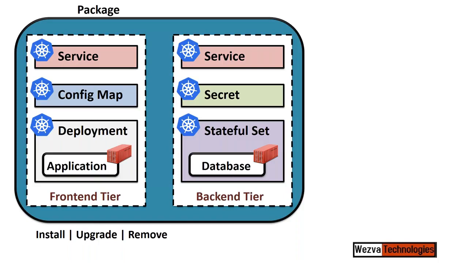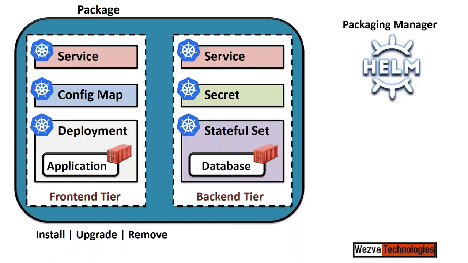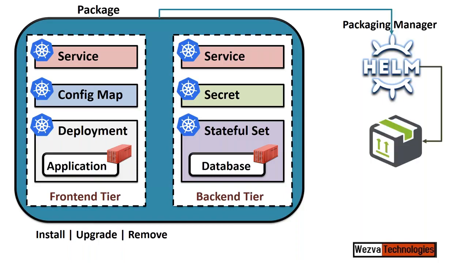So the same way in Kubernetes, if you want to create such packages and manage the packages, then there is a utility or a software which is what we call Helm. Okay. So Helm is nothing but a packaging manager which is exclusively used for Kubernetes. Okay. So using Helm, what we can do now, we can actually define packages.